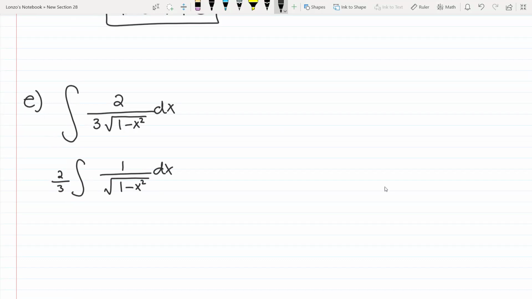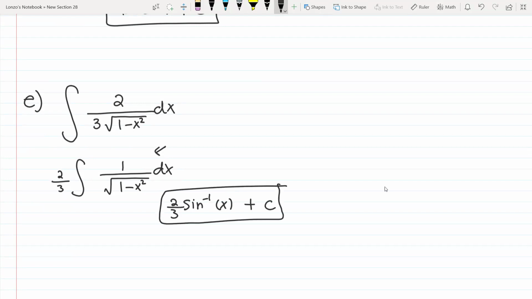This is a special one, one of your inverse trig integrals. If you look at your rules of inverse integration, 1 over square root of 1 minus x squared is sin inverse. Then our x is still x, and remember we took out a 2/3, so it's 2/3 sin inverse x plus c. So that is your final answer.